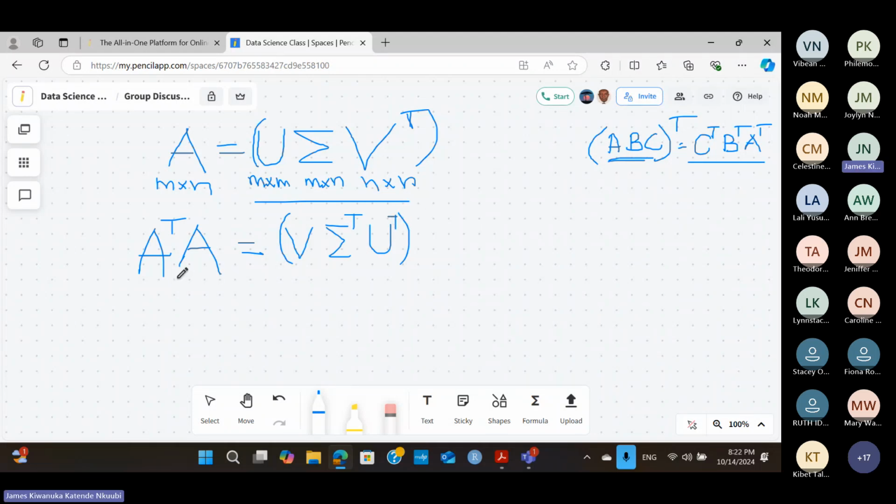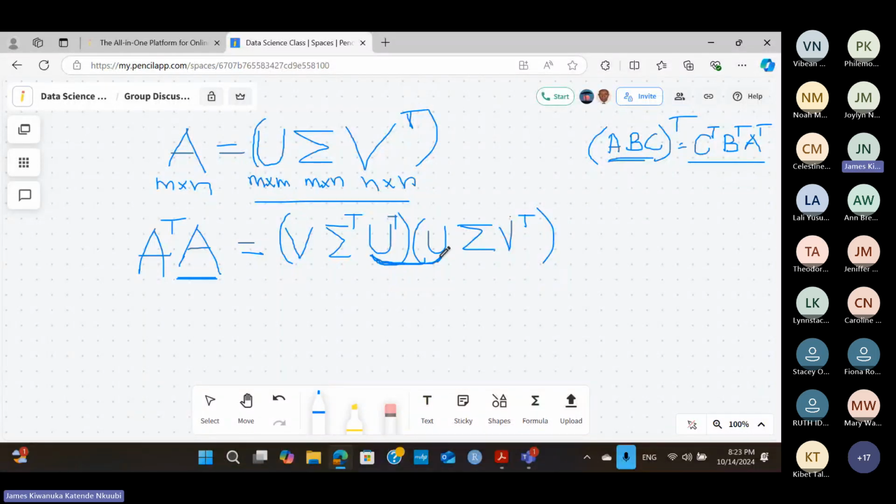So the other thing we need to do is multiply A. So we've gotten the transpose of A, we can multiply A. What do we get? A will be U sigma V transpose. Now we already said that U is an orthogonal matrix.